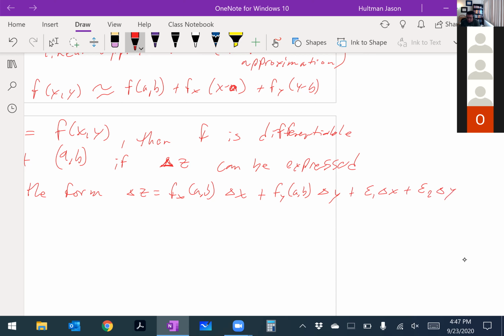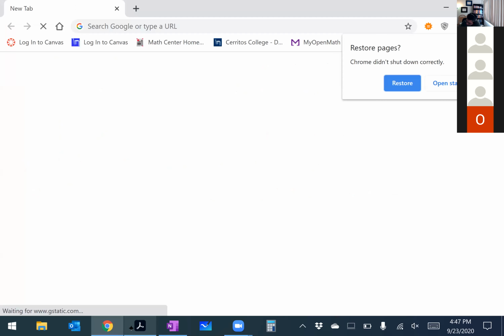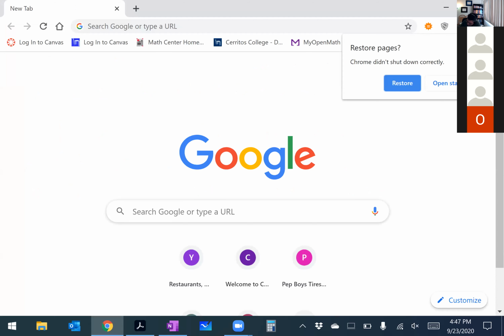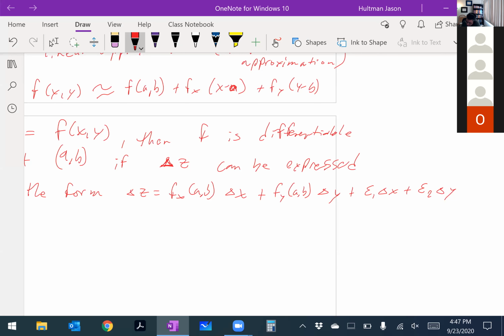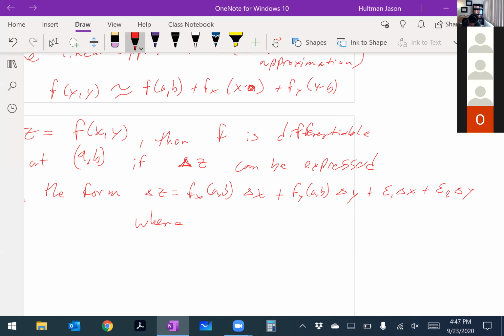So with some extra nudges, where epsilon 1 and epsilon 2 go to 0 as delta x, delta y go to 0, 0.